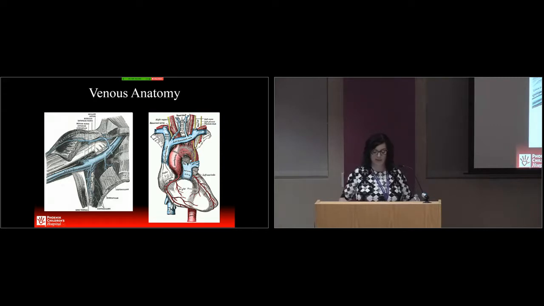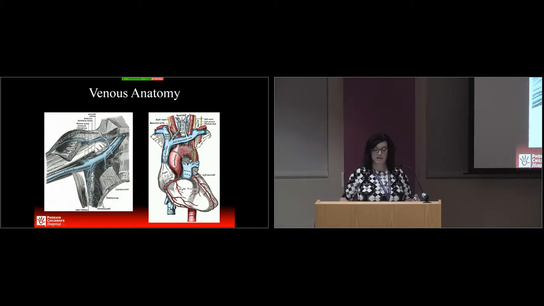And on this diagram, what is important to know is that there are two brachial veins, a single basilic vein typically. The brachial veins join, and then the basilic vein joins with the brachial vein, and then from there that forms the axillary vein.